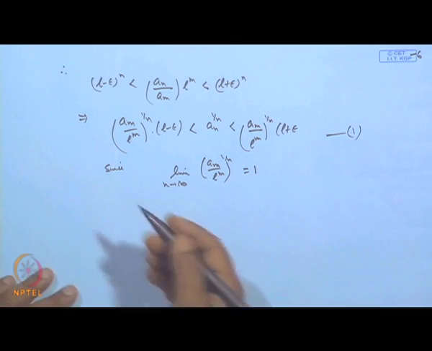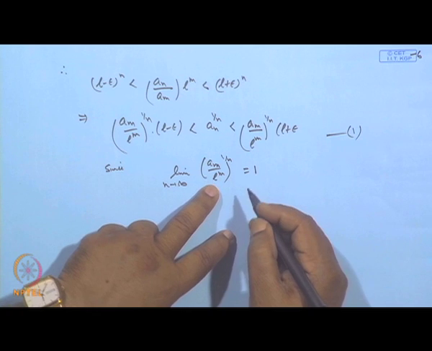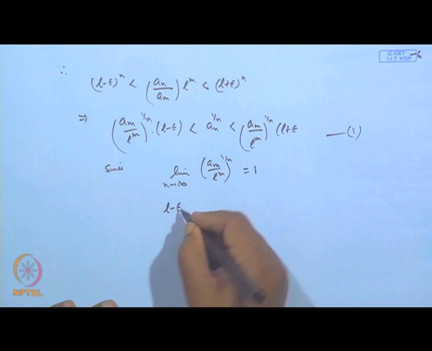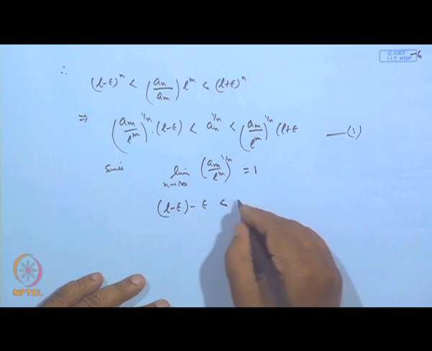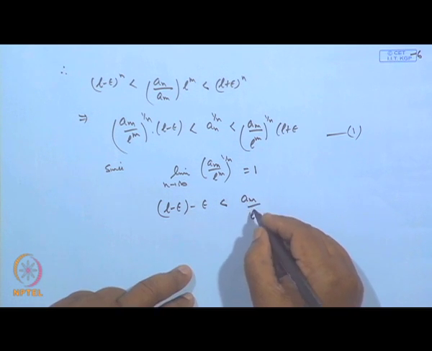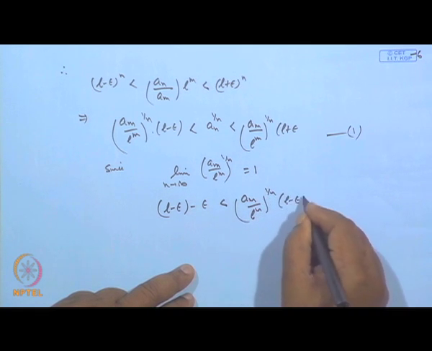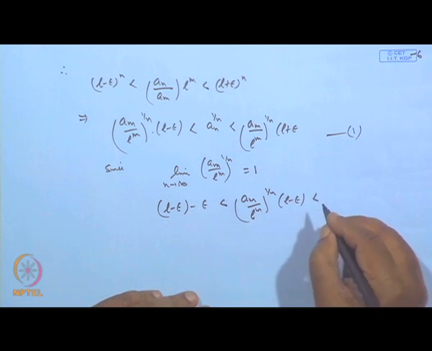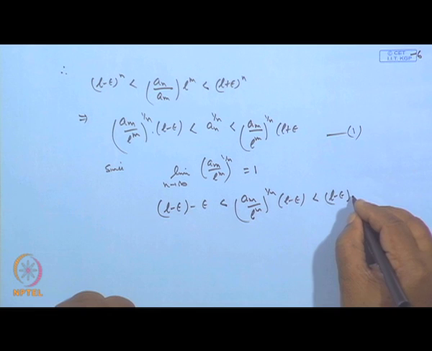Therefore, this entire thing lies between here. We get (L minus epsilon) L is less than (a_m by L^m) raised to the power 1 by n times (L minus epsilon) L, which is less than (L plus epsilon) L. Why?